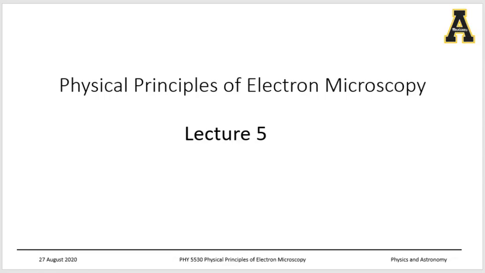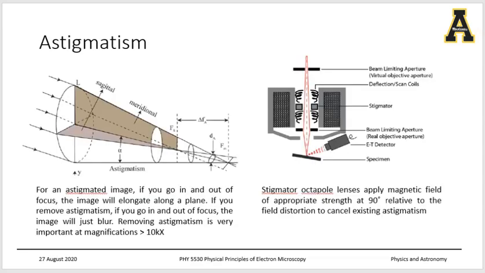The last thing we want to talk about is astigmatism, and as we mentioned in the previous class, astigmatism generates from imperfections in the quality of the coil or the winding or some contamination that might have come into the electron column, right? So the effect of astigmatism is such that it distorts the image.